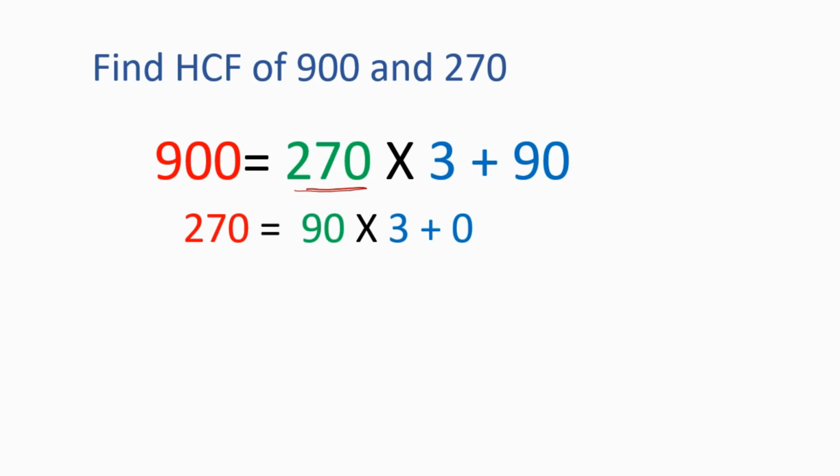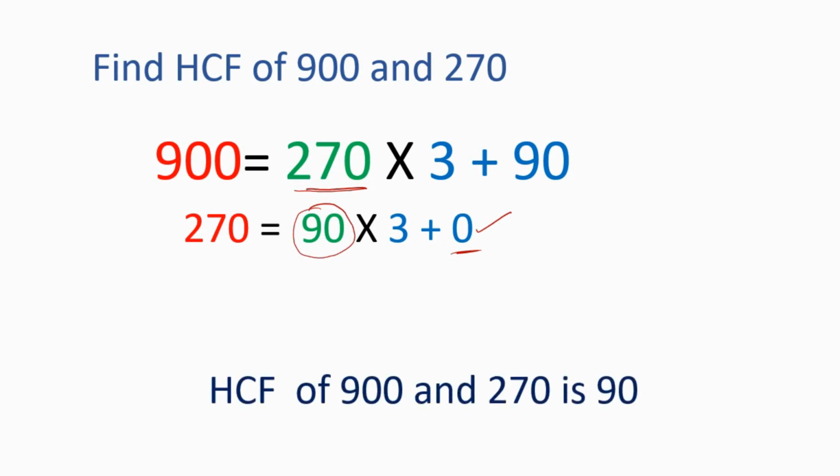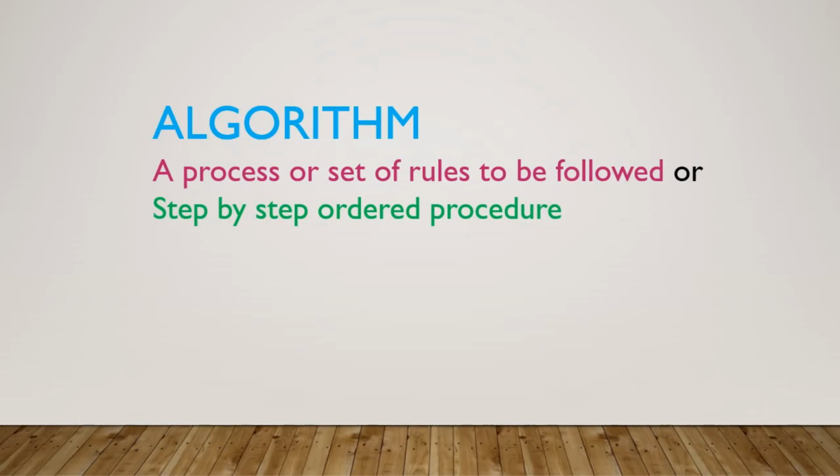Over. Finish. As soon as we get remainder 0, our division is over. That's why the last divisor will be the HCF of the given numbers. So the HCF of 900 and 270 is 90. So this is the way how to find HCF of two numbers.